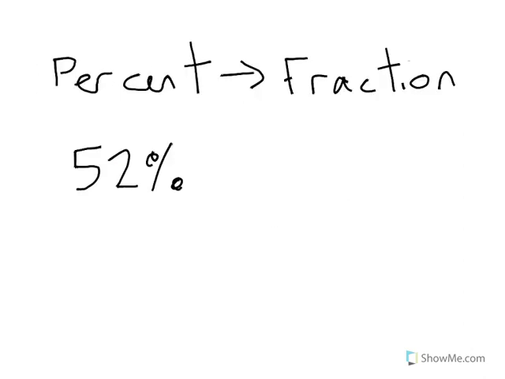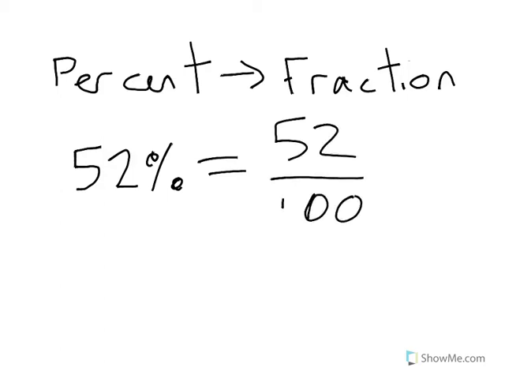Okay, converting from a percent to a fraction is very simple. Whatever the percent was, we're going to just write that as a fraction over 100. So the denominator is 100 all the time for percent. Okay, and then just get that into lowest terms.